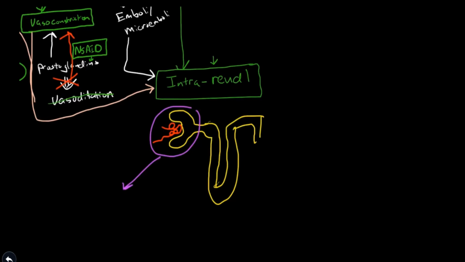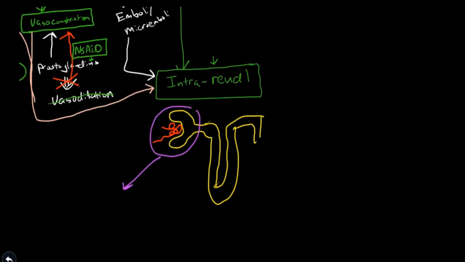caused by damage to the nephron, and the damage to the nephron may be transient, in that cells are injured to the point where the nephron cannot function, or it could be permanent, where the damage to the nephron is so severe that the nephron becomes scarred and completely dysfunctional.